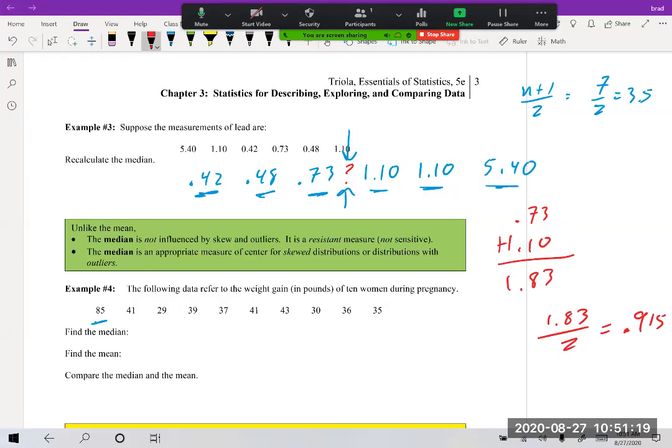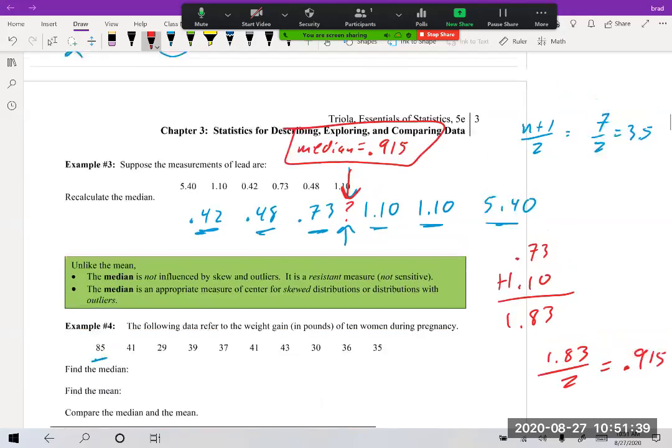So now I know my median is 0.915. And that's this number right here, the number that would be right in between 0.73 and 1.10. Now again, notice because there was an even number, that means that we're going to have to average out the 2 values that are in that location, or near that location.